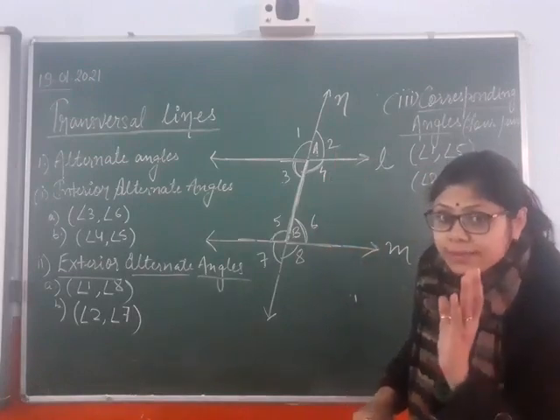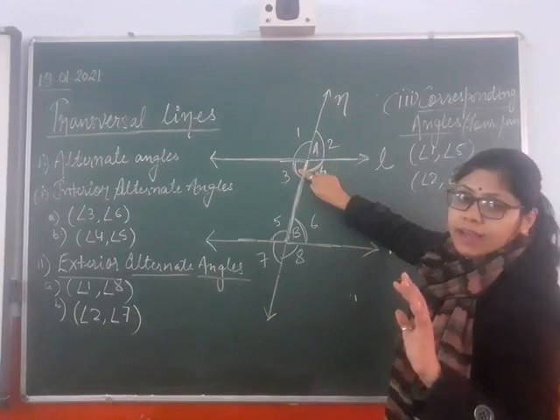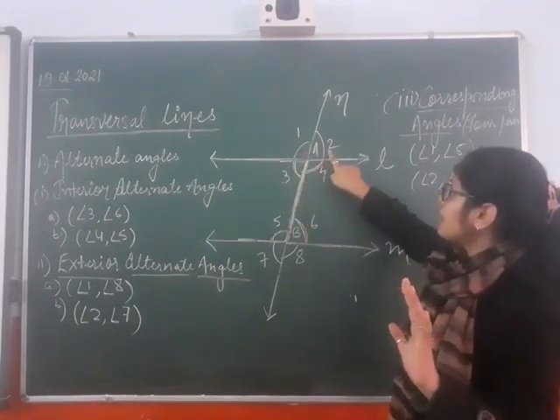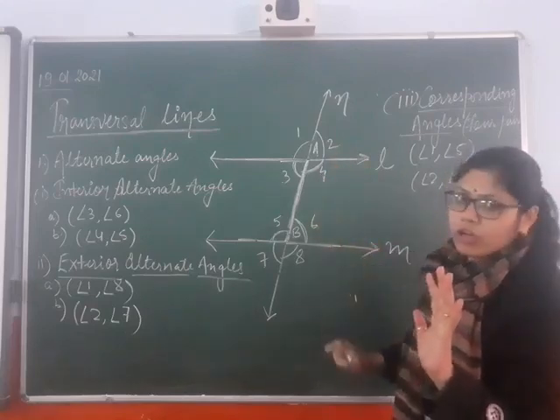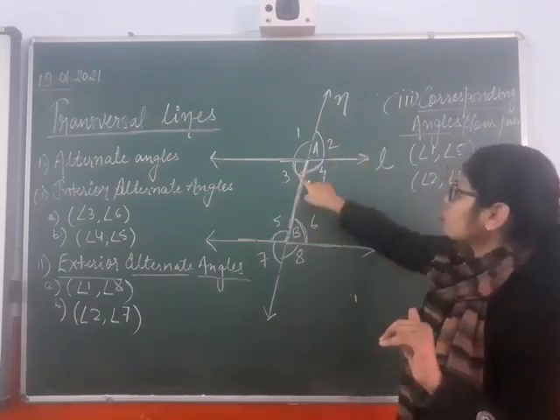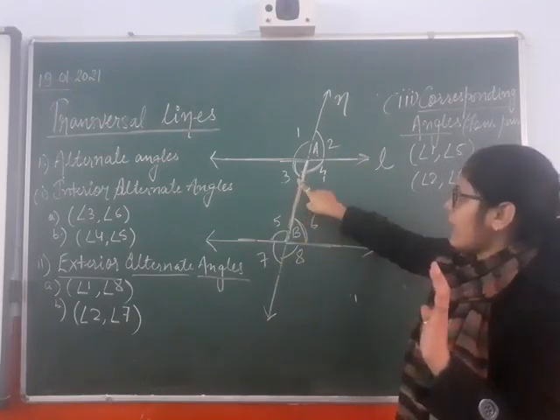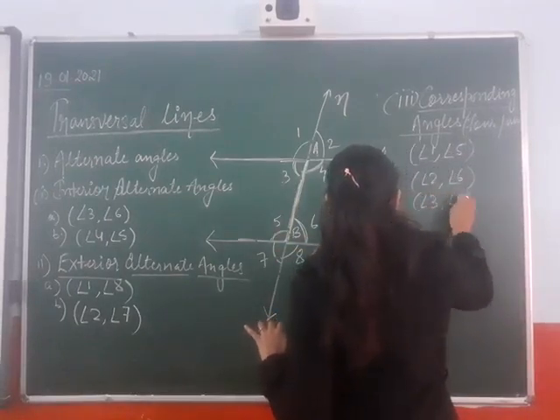You have to understand the concept. Leave one angle, the next one will form a corresponding angle. Angle 2, we will leave this one, 6. 2 and 6 will form a corresponding angle. Then number 3. As I said, leave one angle and take the one after it. Angle 3 and angle 7 will form a corresponding angle.